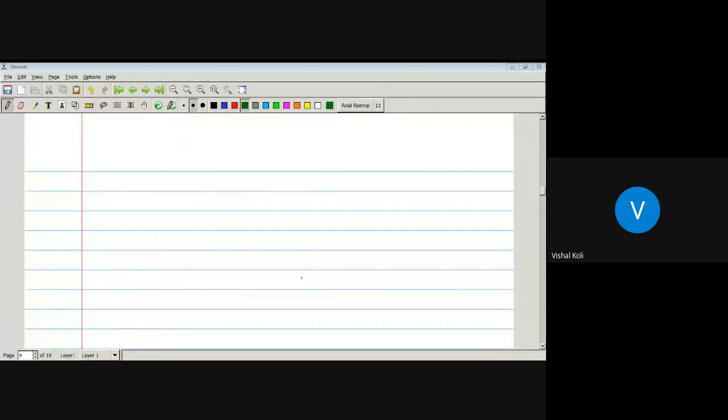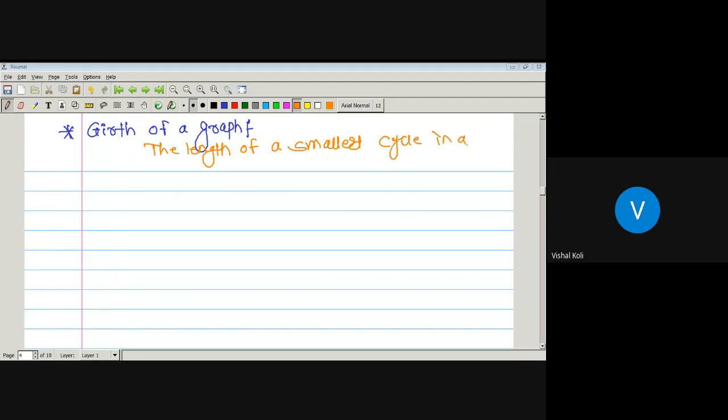The next concept is the girth of a graph. The length of a smallest cycle in a graph G is called the girth of the graph.